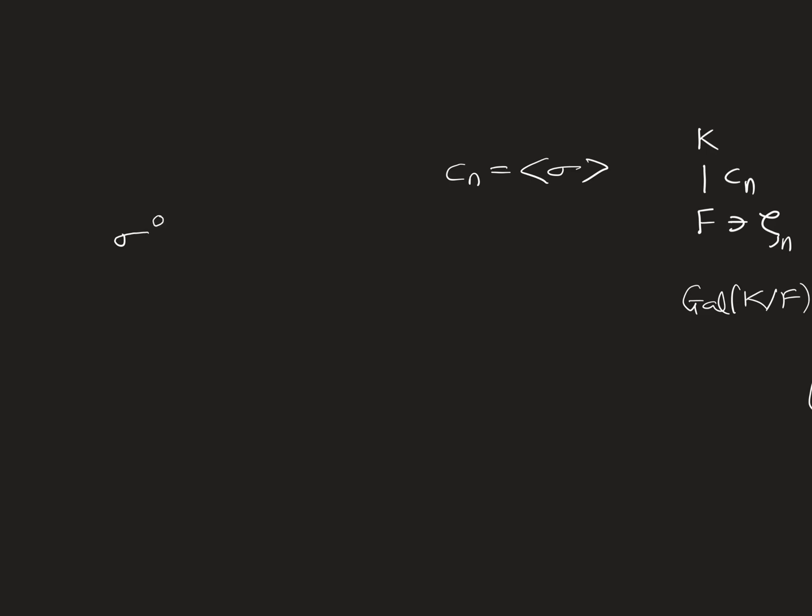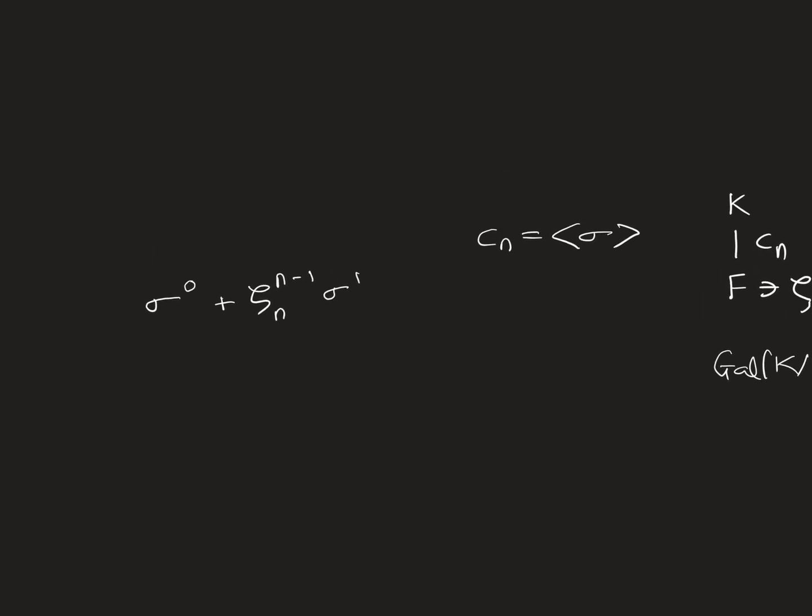So I'm going to take sigma to the power of 0, which is the identity automorphism, and then plus zeta n to the n minus 1, sigma 1. And by the way, this is the rabbit out of hat moment. This is where some genius spotted how to do this, and we're just going to use what they found.